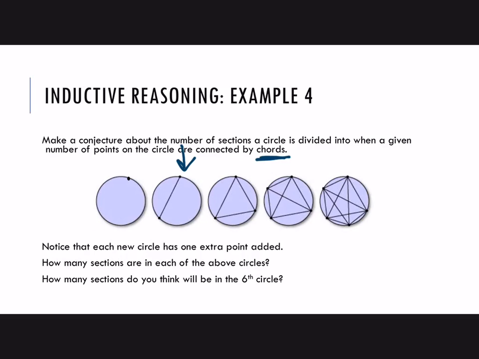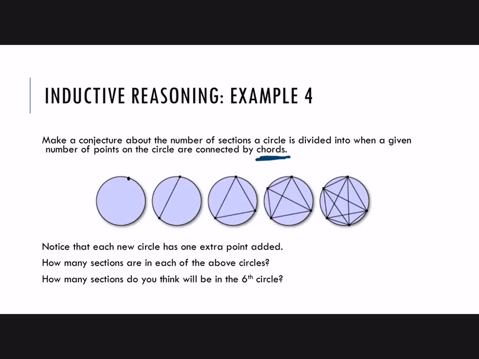Then next we have a circle with 2 points. Here's a circle with 3 points, 4, and then 5 points around the outside circumference. And then what we're doing is just connecting all of those points with chords. So connect every point to every other point, and then count how many regions the circle is divided into.